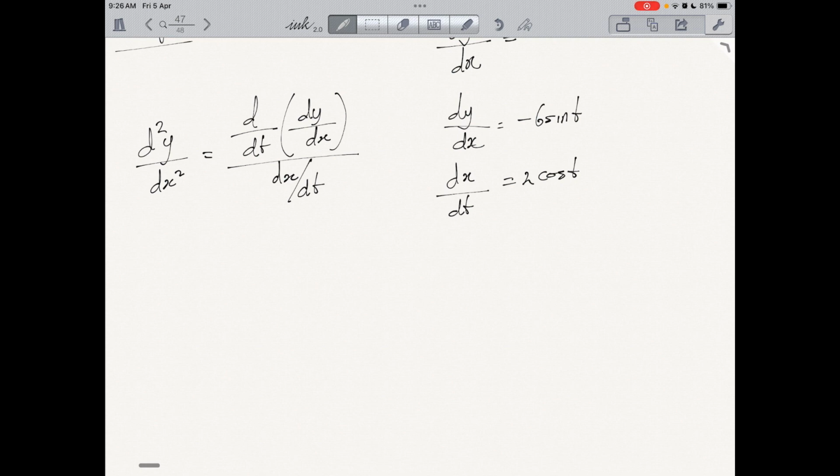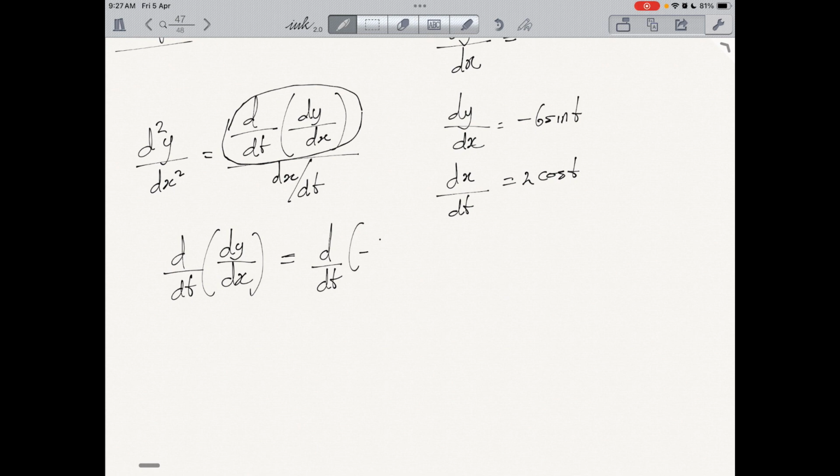Now, from the formula, we are asked to evaluate d/dt of dy/dx. Now let's substitute our value of dy/dx. That is d/dt of minus 6 sin t.